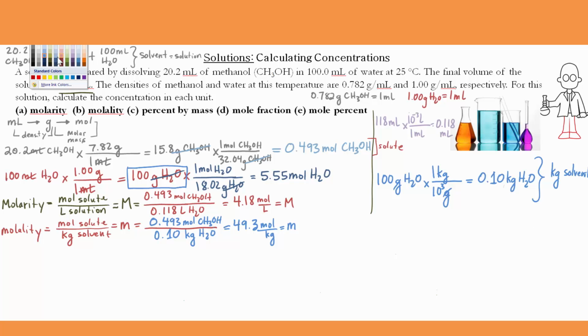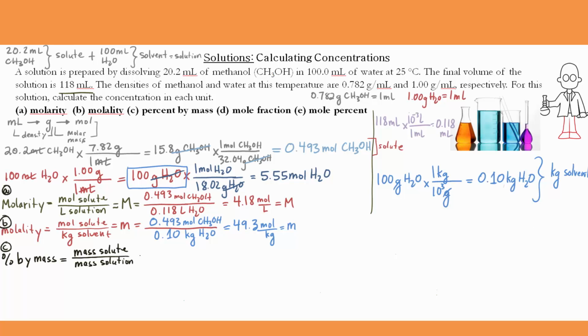Okay, let's look at C, percent by mass. This is part C, this is A, and that's B. So we need the mass of the solute over the mass of solution times 100%.